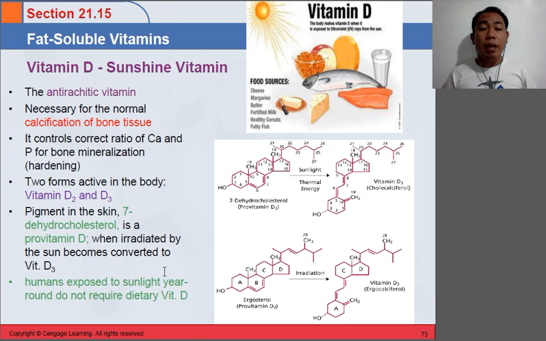So that means humans exposed to sunlight year-round do not require dietary vitamin D because our body produces vitamin D with the help of that ultraviolet radiation that strikes our skin. Hopefully, we correct the previous notion that we learned from our elementary and high school days.